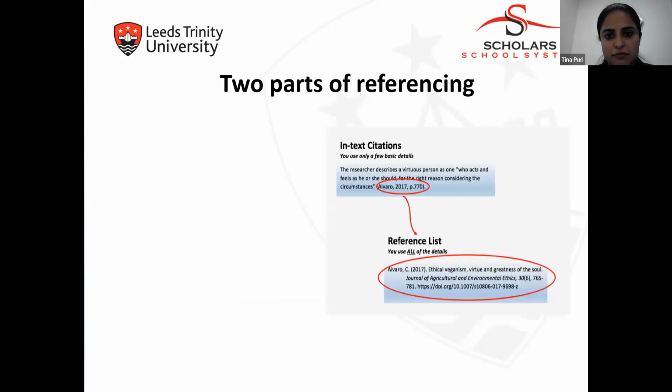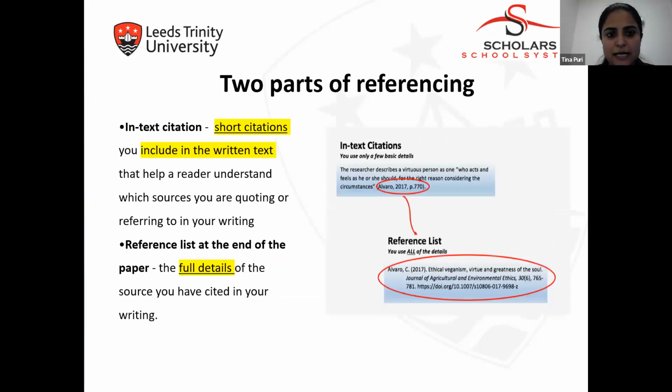Now, there are two parts of referencing. The in-text citation is a short citation you include in the written text that helps a reader understand which source you are quoting or referring to in your writing. Here you can see an example of an in-text citation.